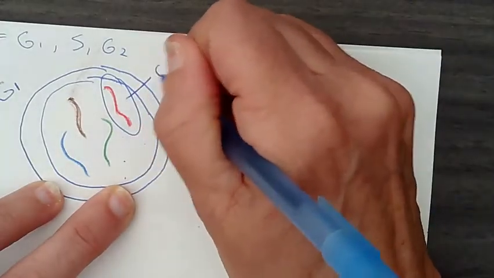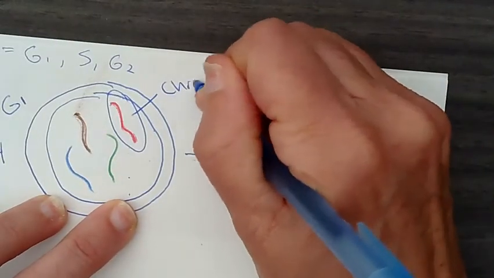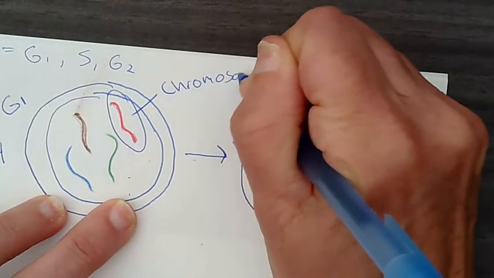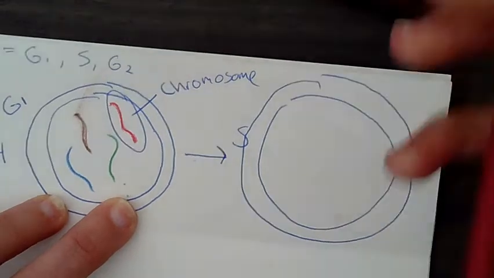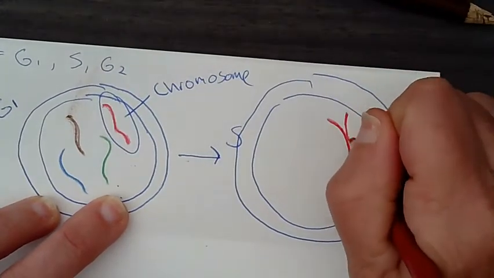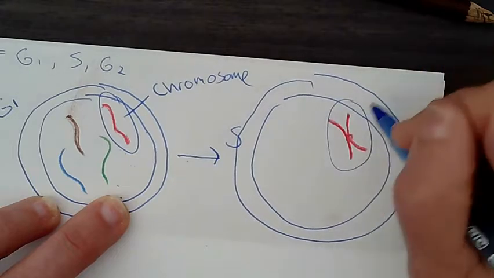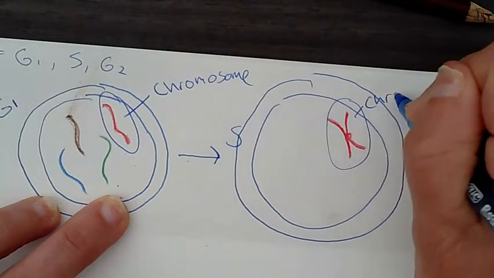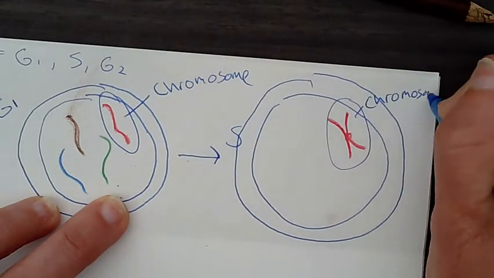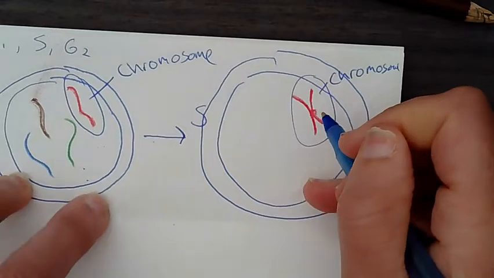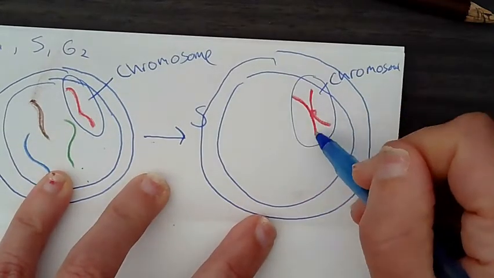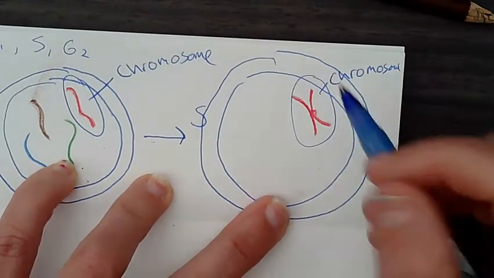So this is a chromosome. And guess what? When this makes a copy of itself, it's still called a chromosome. Yes, it looks different. And yes, it is different because it is a chromosome consisting of 2 sister chromatids, right?